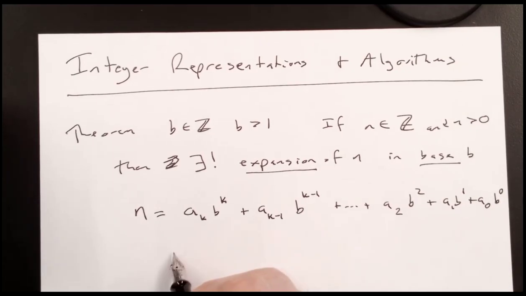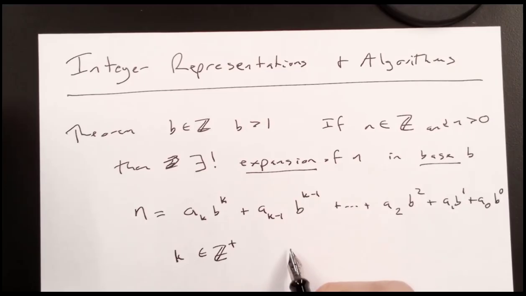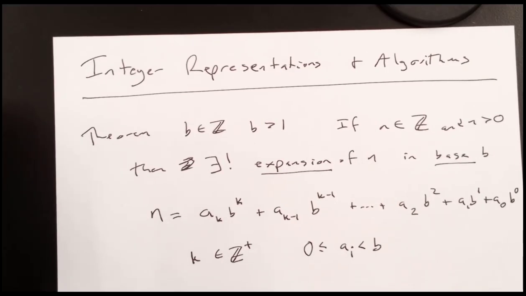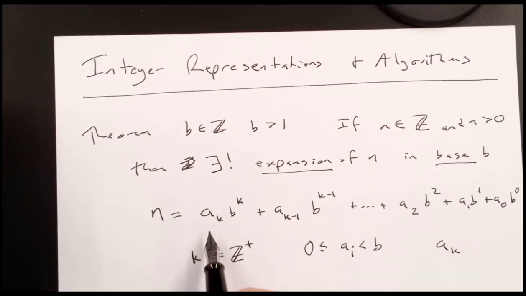And k is the length of this number. Each of the a's is strictly smaller than b, but bigger than or equal to 0, and a_k, this first one, is not 0.